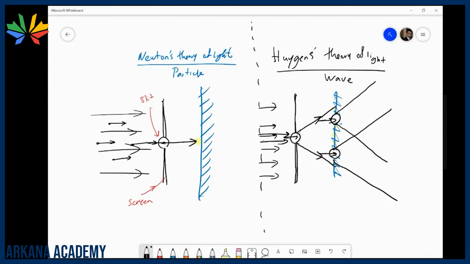And what happens is, if light really is a waveform of movement, then we should see constructive and destructive interferences in this area, where the light from one opening and the other opening interfere with each other.